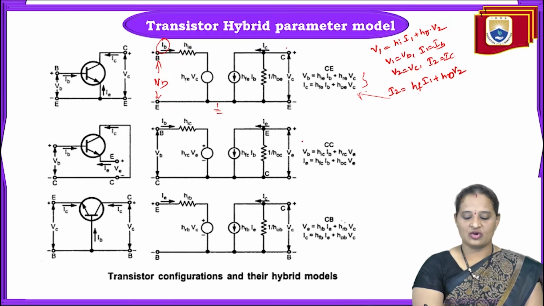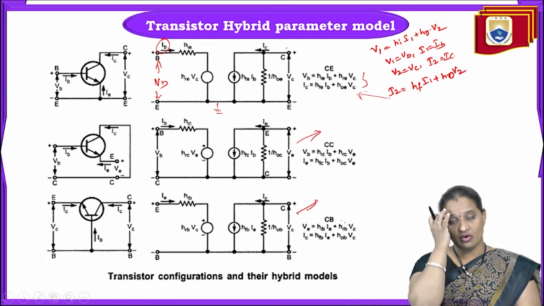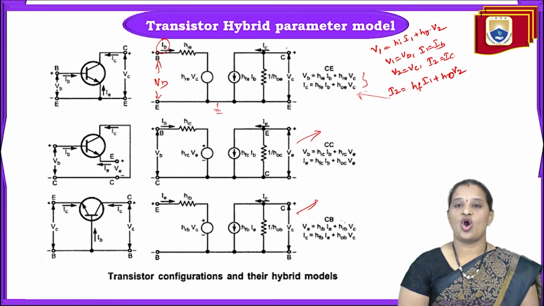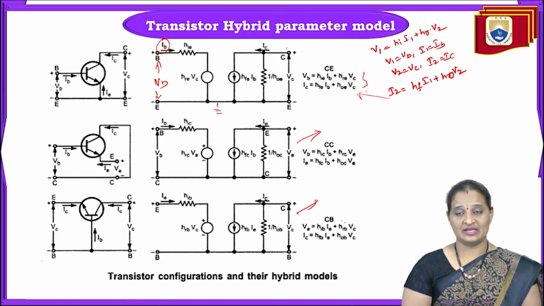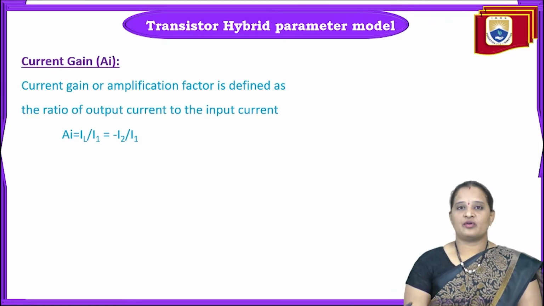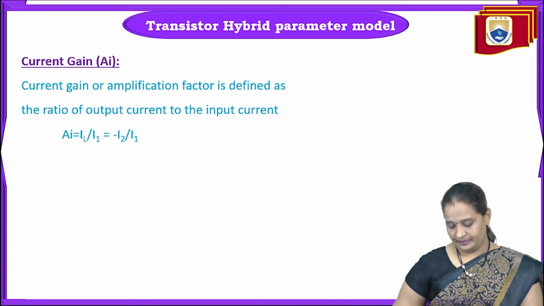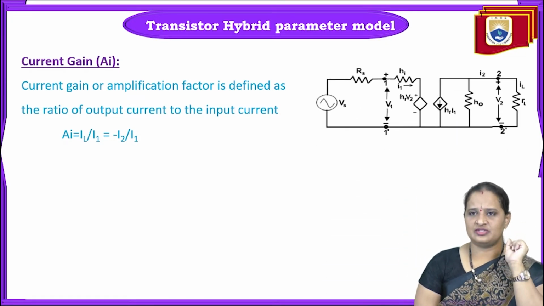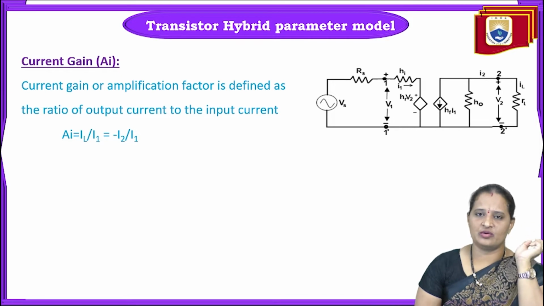In a similar way, these are the equivalent circuits of the transistor in common collector and common base configurations. Now we are going to find the current gain of a generalized transistor. I'm not considering any particular configuration.